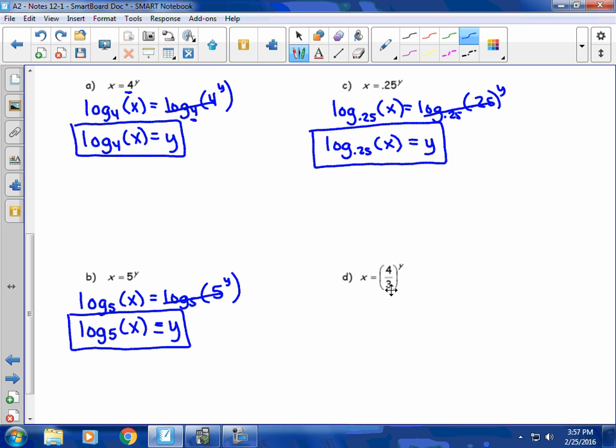And last one. X equals 4/3 to the y. Going to take log base 4/3 of both sides. So log base 4/3 of x equals log base 4/3 of 4/3 to the y. Cancel it out. Log base 4/3 of x equals y.